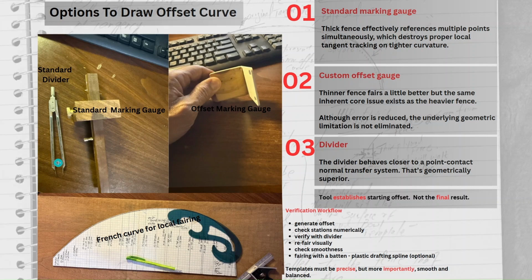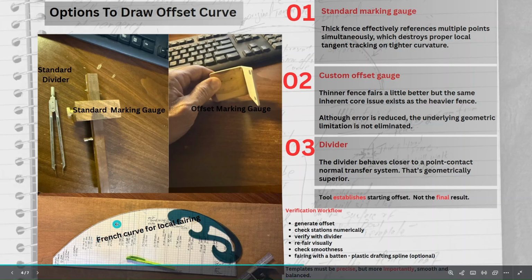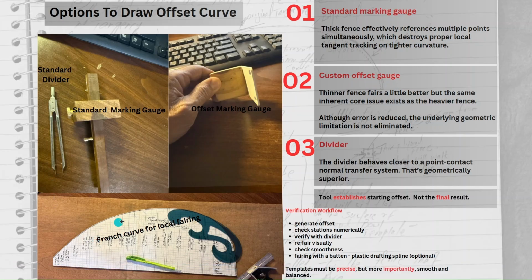The divider, or a compass, behaves closer to that point-to-point contact normal transfer that I talked about in my prior slide, and this divider is geometrically the most superior out of the three options. Either option you use is going to give you a starting secondary offset. It's not going to be the final.